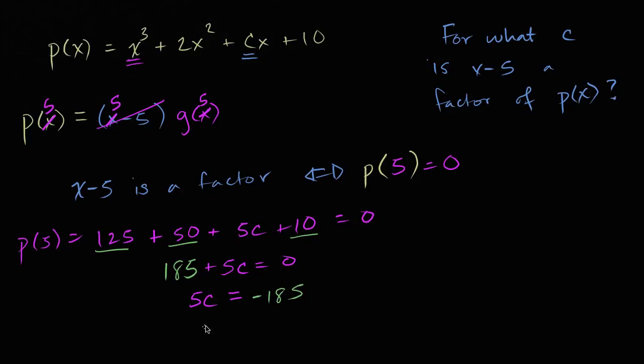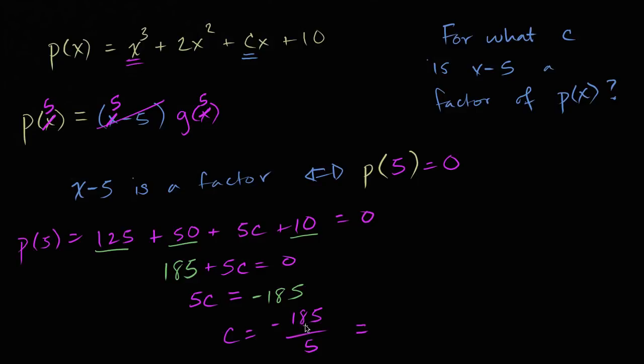Or c is equal to negative 185 over 5. Let's see, 5 goes into 185.